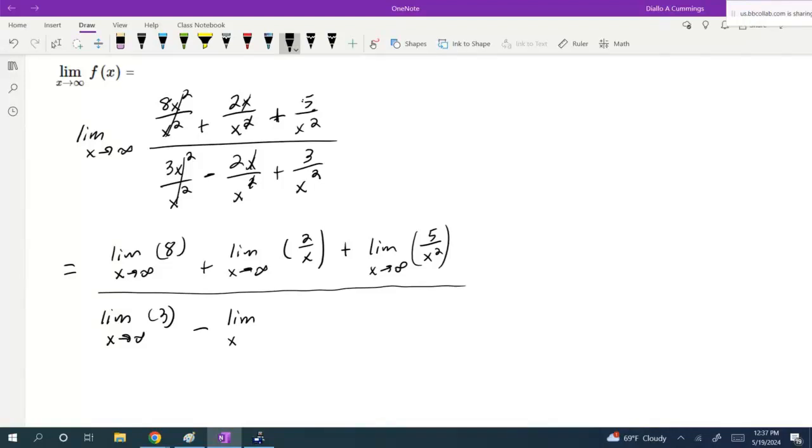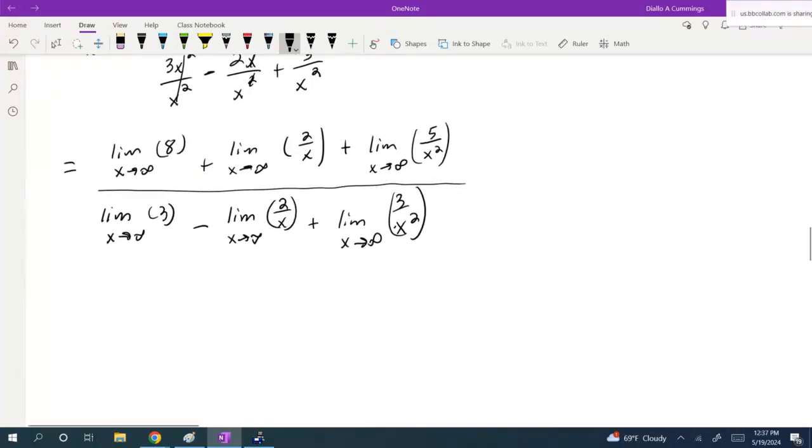The limit as x approaches infinity for 2 over x plus the limit as x approaches infinity for 3 over x squared. Now in practice, it's not necessary to write all of these steps out, but I'm just showing you how those limit laws work.